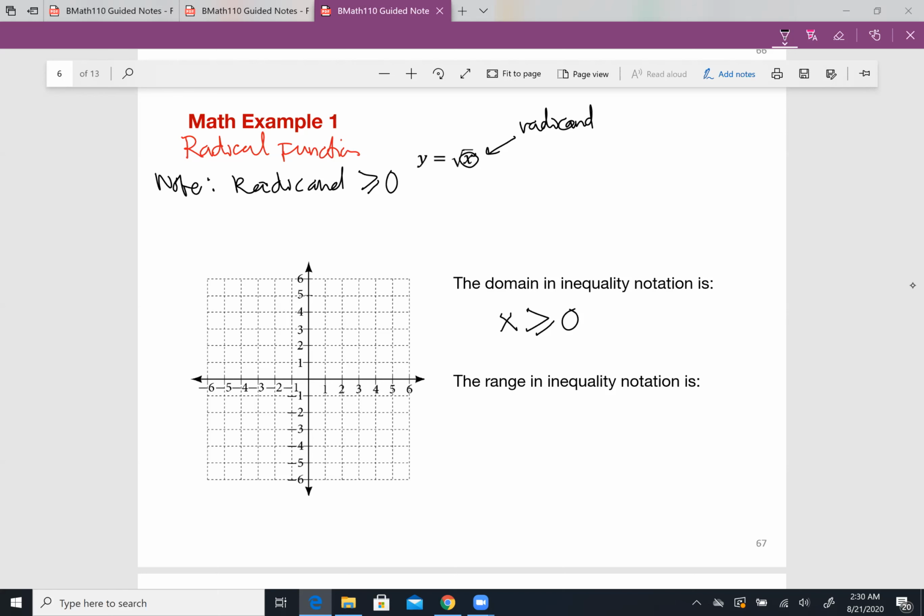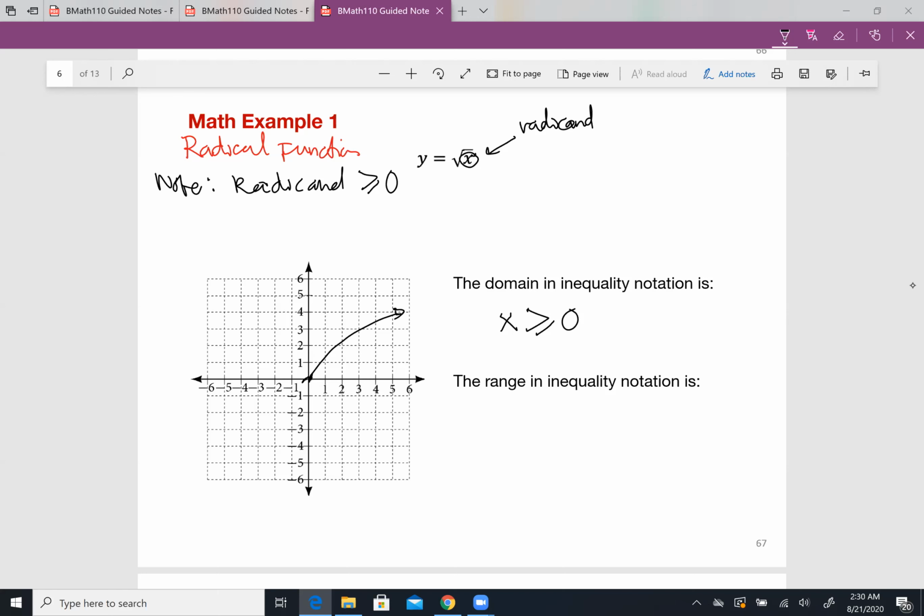And if you remember the graph of the radical function y equals square root of x, it should look like starting from 0 and going like that. I just graph it roughly. It doesn't have to be perfect.